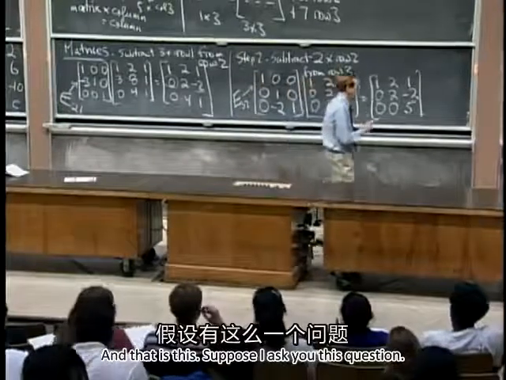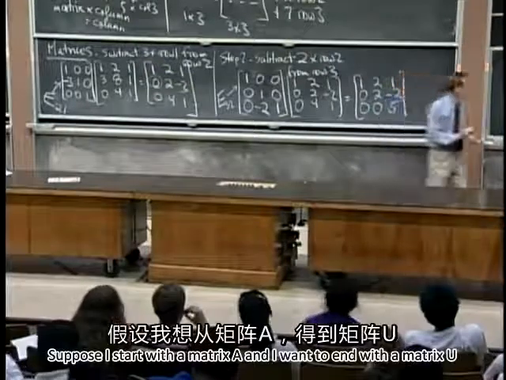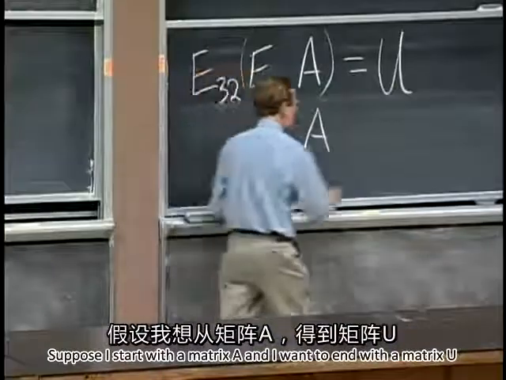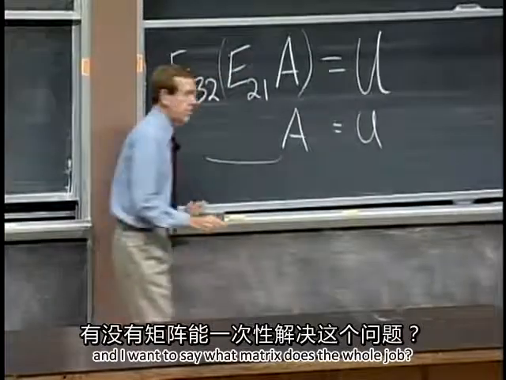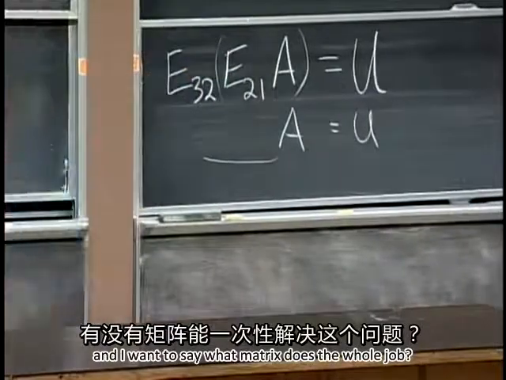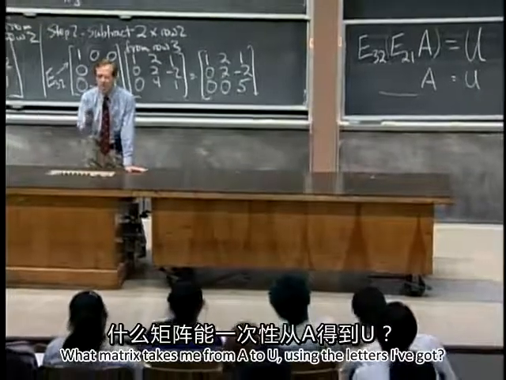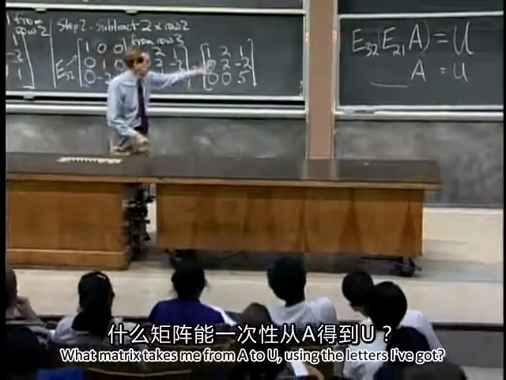And that is this. Suppose I ask you this question. Suppose I start with a matrix A, and I want to end with a matrix U, and I want to say, what matrix does the whole job? What matrix takes me from A to U, using the letters I've got?